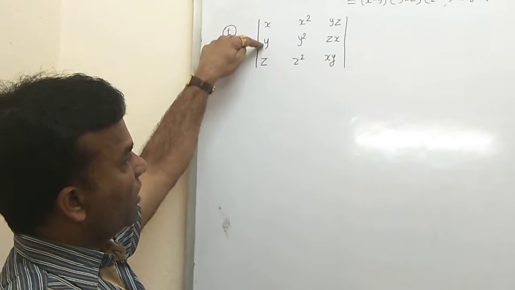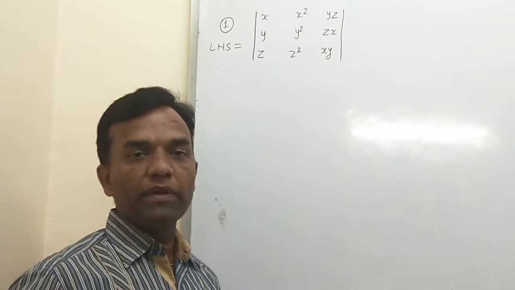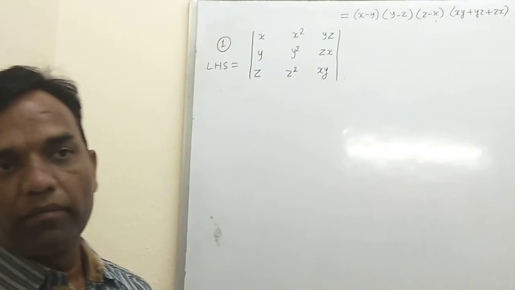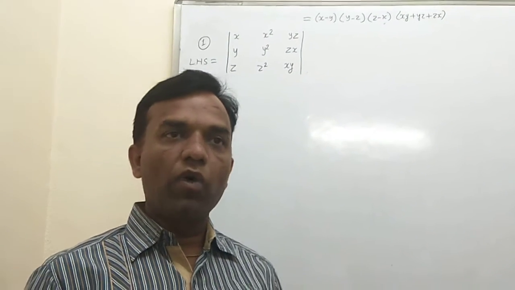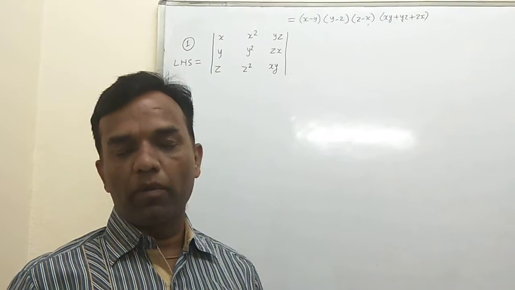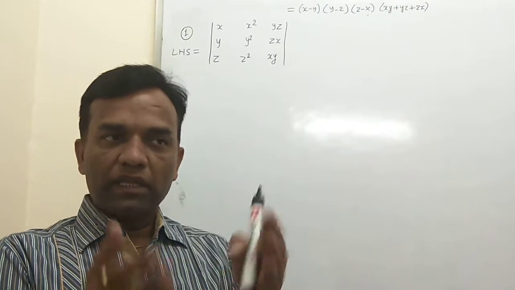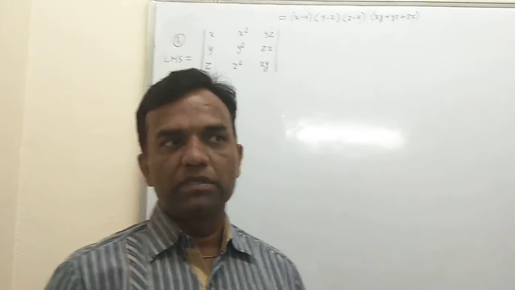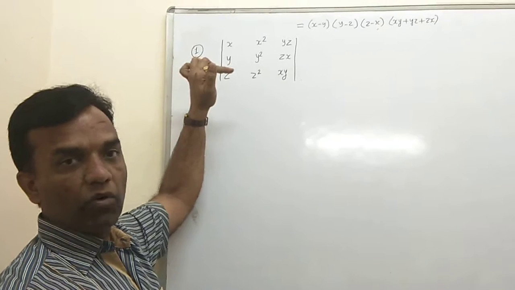So you have column elements like x and y, so you always apply the operation row wise, because in the previous video I also explained: if you want to operate on column elements then you apply a row operation; if you operate on row elements then always you apply a column operation. But here you have column elements, therefore we apply the row operation.